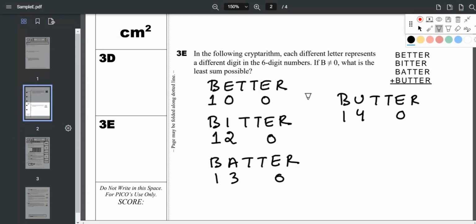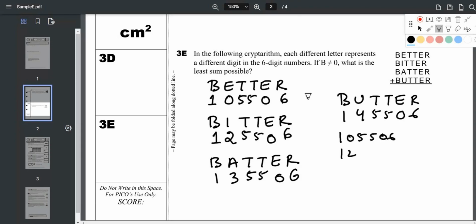So T comes first in better, bitter, batter, butter. So you should take T as the next smaller number, that is 5. T can be 5. So all the Ts are 5s. And R can be the last one, that is 6. So what are the numbers you are getting? The numbers are 105506, 125506, 135506, finally 145506.